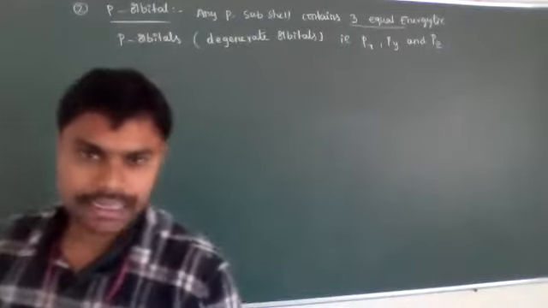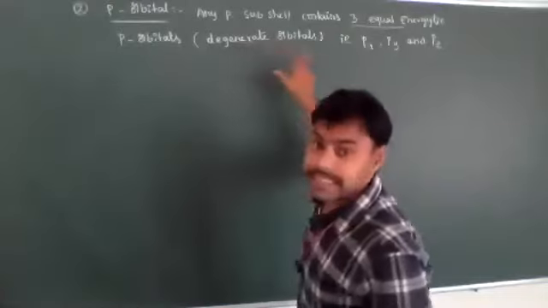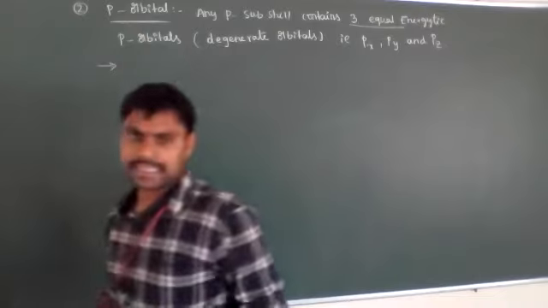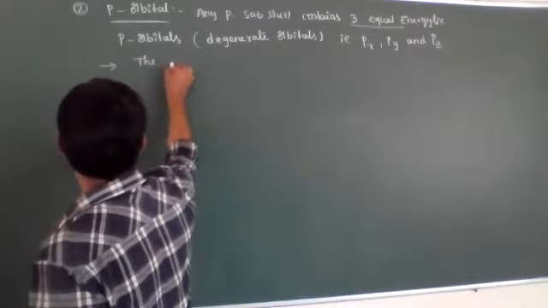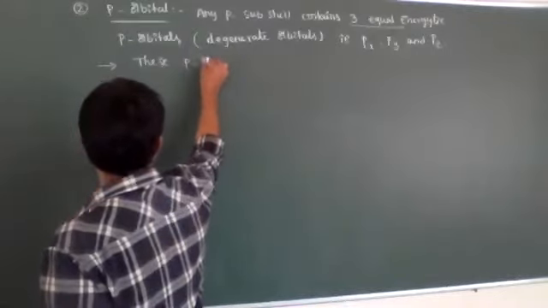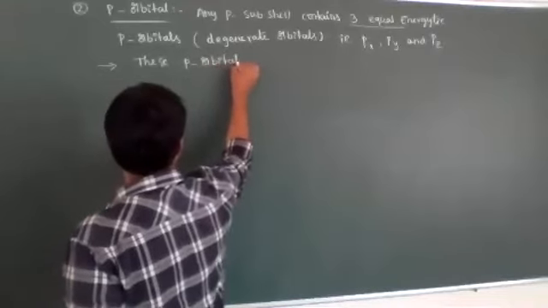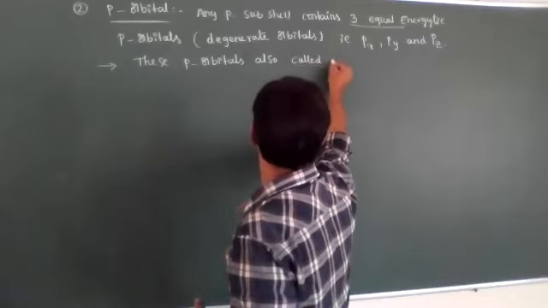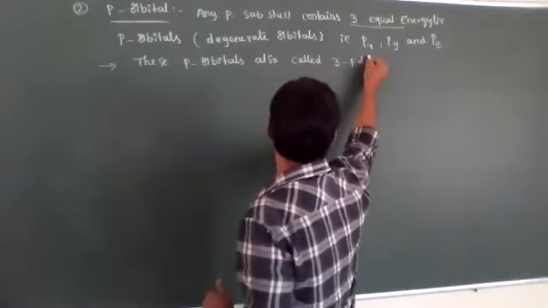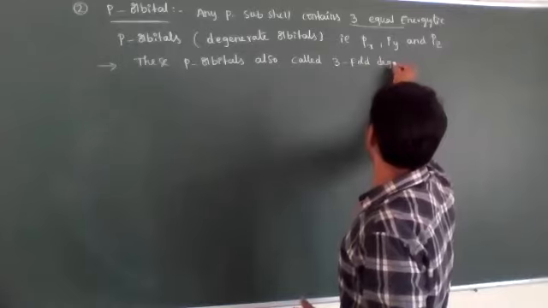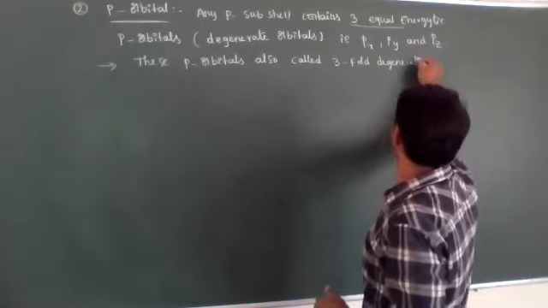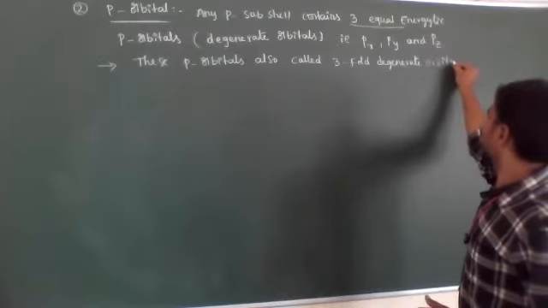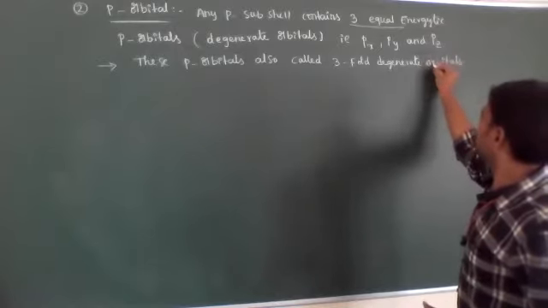That's why the three p orbitals are degenerate orbitals. The p orbitals are also called threefold degenerate orbitals.